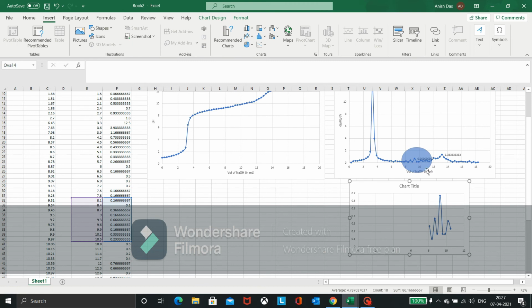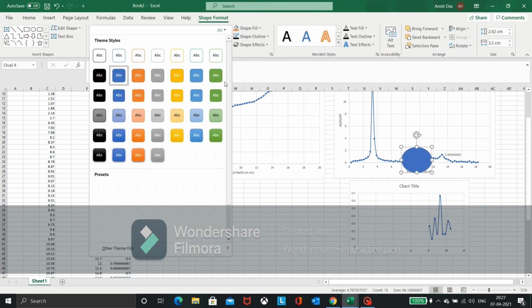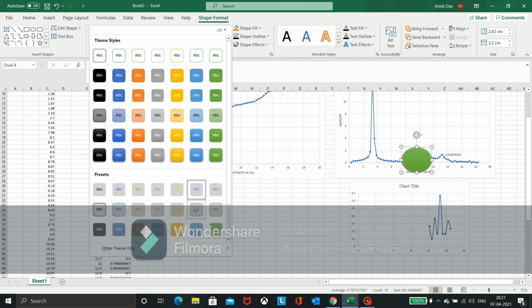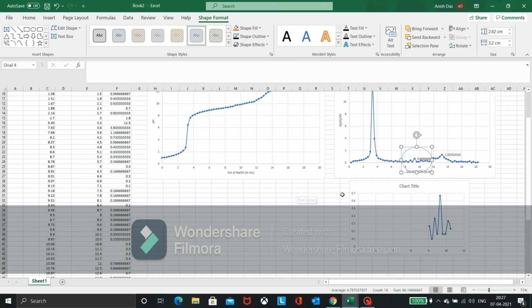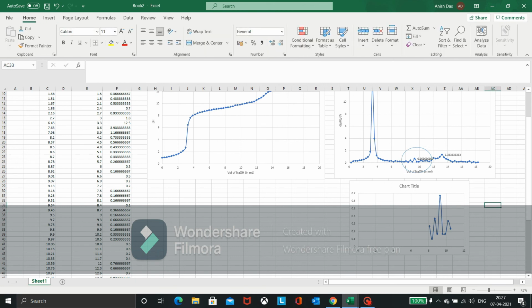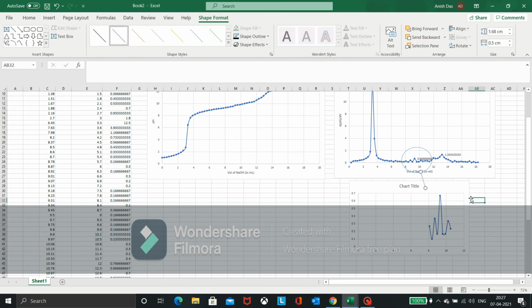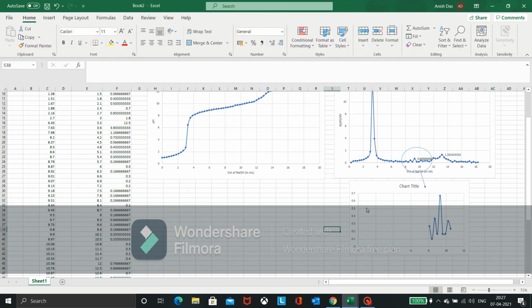So our final 3 pKa values are 0.667, the second one is 1.33, and the last one is 12.5. I have zoomed it a little bit to make sure that you can see it.